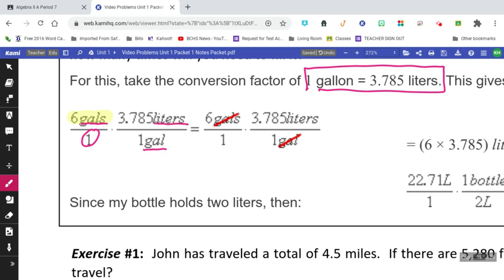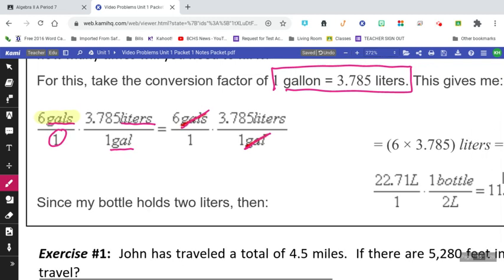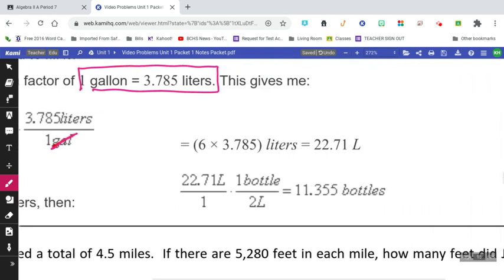What happens is that, as you can see here, we cross out the gallons, and then we're simply left with a calculation. 6 times 3.785 liters. And we would do that on our calculator. And we would get 22.71 liters.